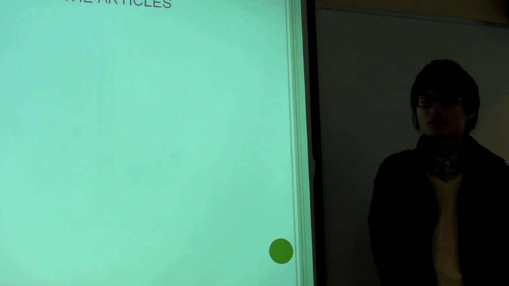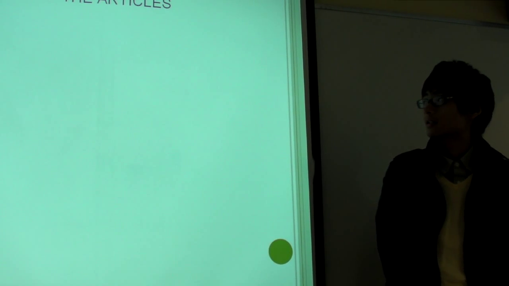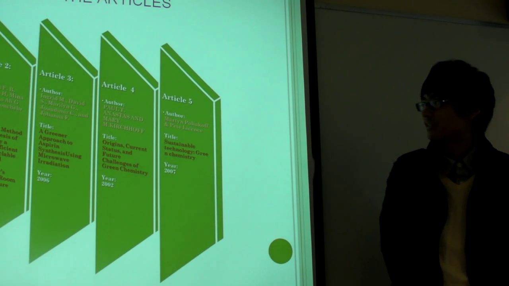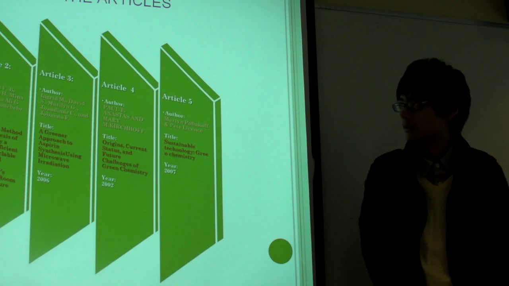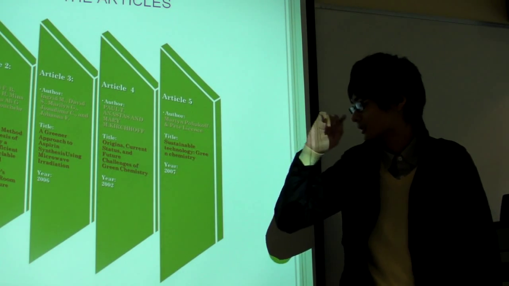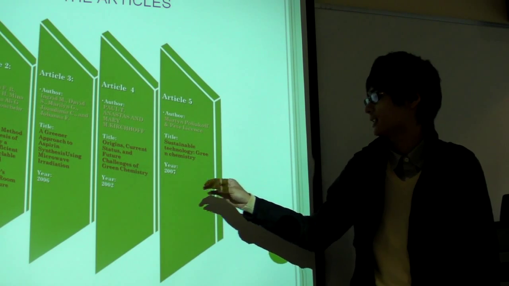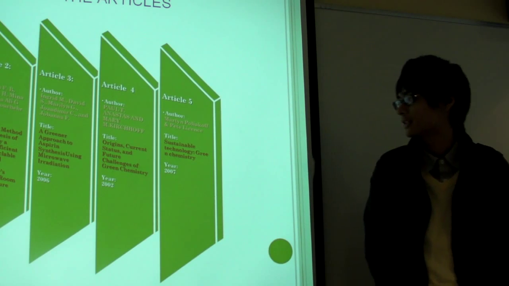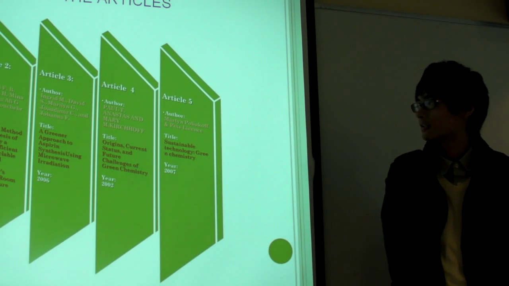After talking in so much detail about our topic, let's talk about how we got the information from the articles. Here are the 5 articles we summarized. You can see that the publication years are quite recent: 2 are from 2007 and 1 from 2006.